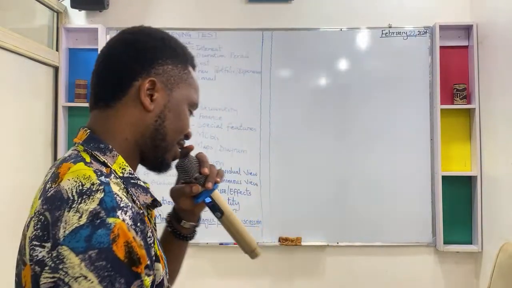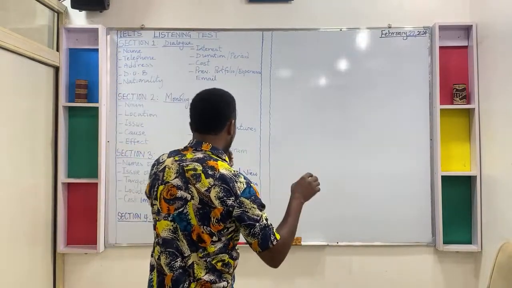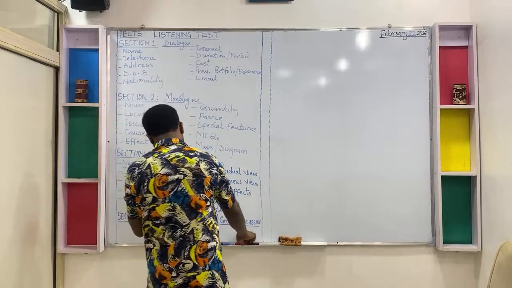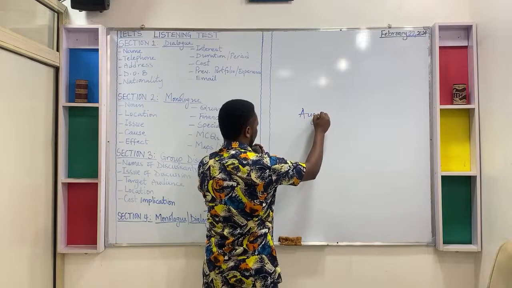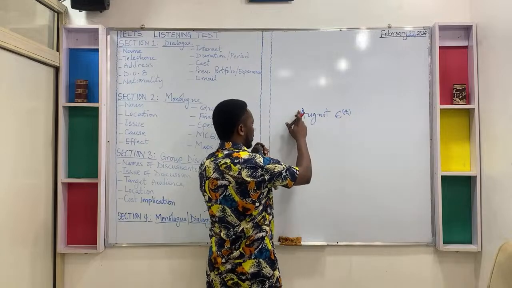So you are having August 6th. You didn't get that right. I said write August, then 6, then suffix th, which will be left in bracket. This is what you have to write. August 6.